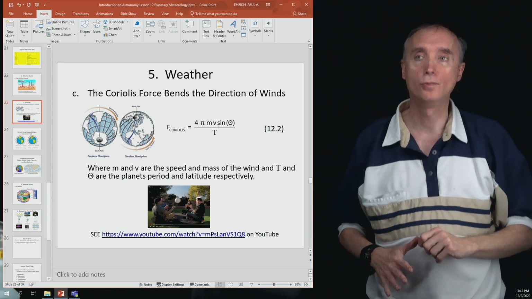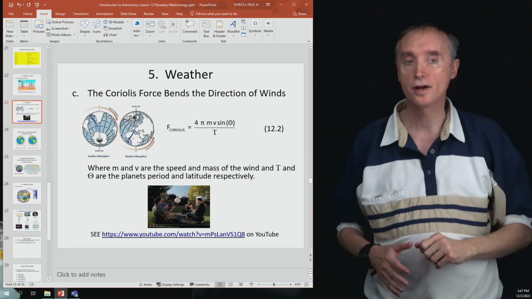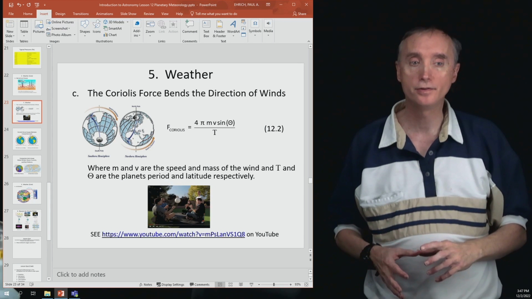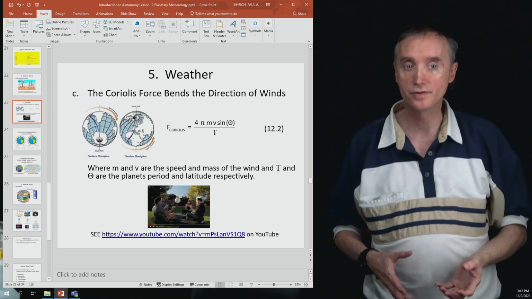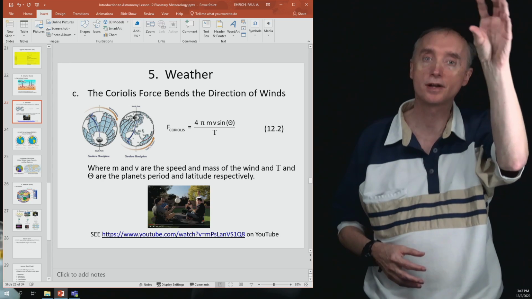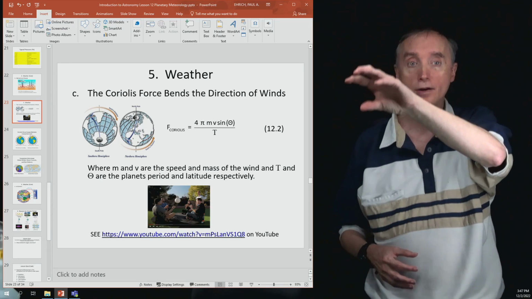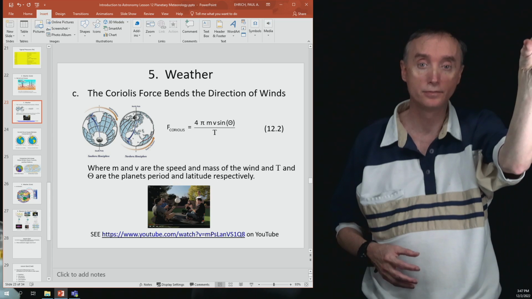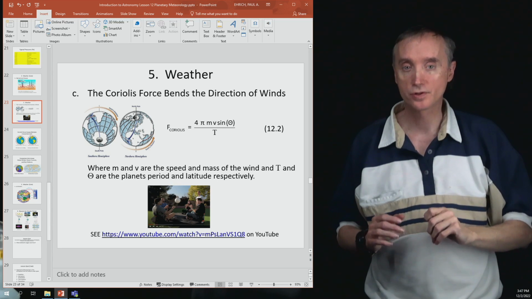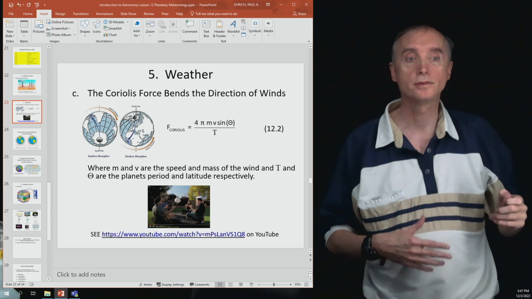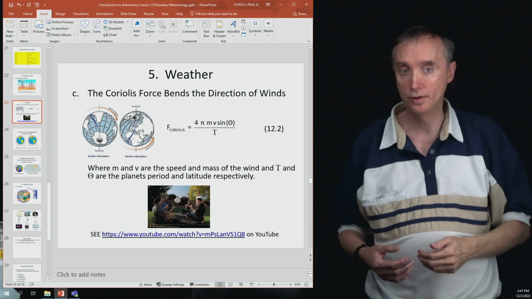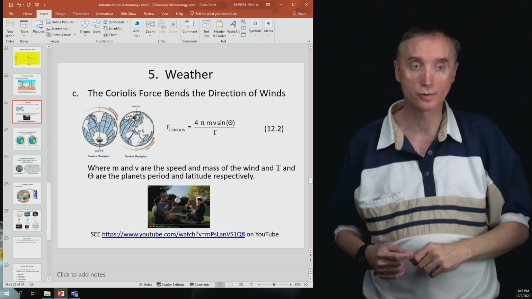So do you remember when we talked about retrograde motion? If you look at a planet during the course of many months at night, you would notice that the planet is going across the sky, but then it appears to go backwards, and then it appears to go forwards again. And we said that was an optical illusion caused because one planet was passing another planet in its orbit, and it made it look like it was going backwards.